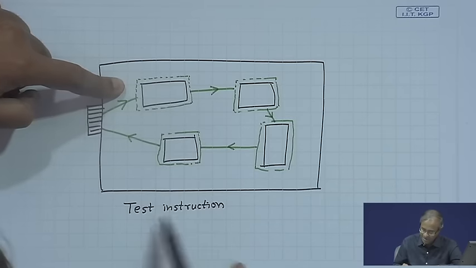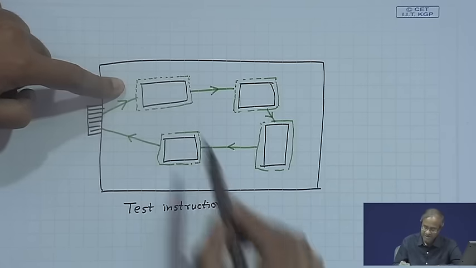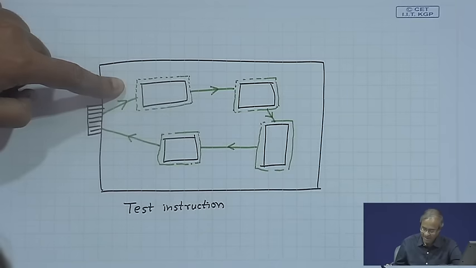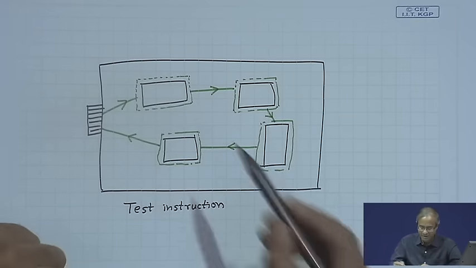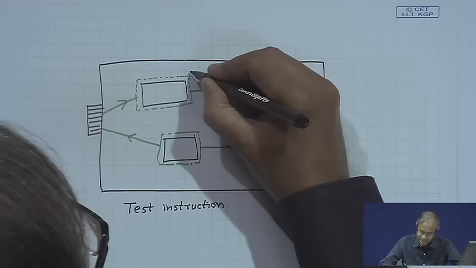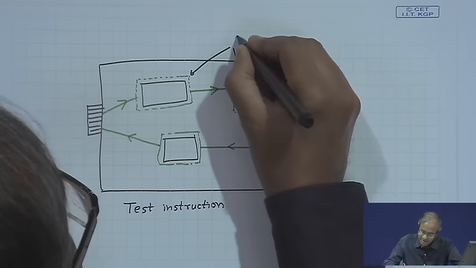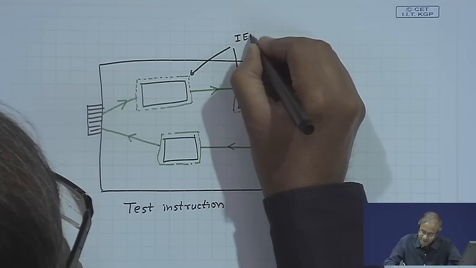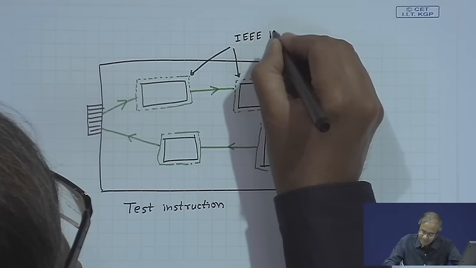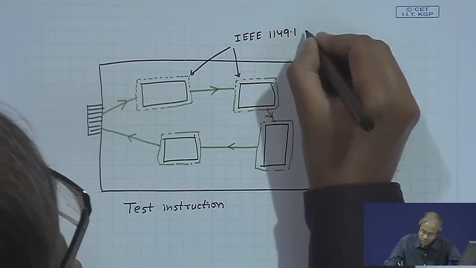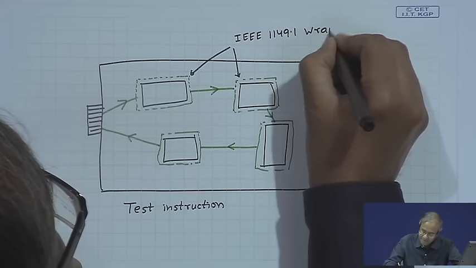This wrapper is decoding what kind of instruction it is, and it is taking appropriate actions. Now, these dotted boxes that I have shown are IEEE 1149.1 wrappers.